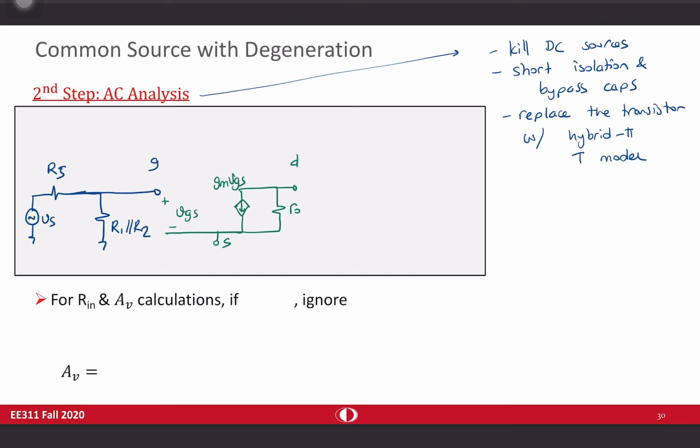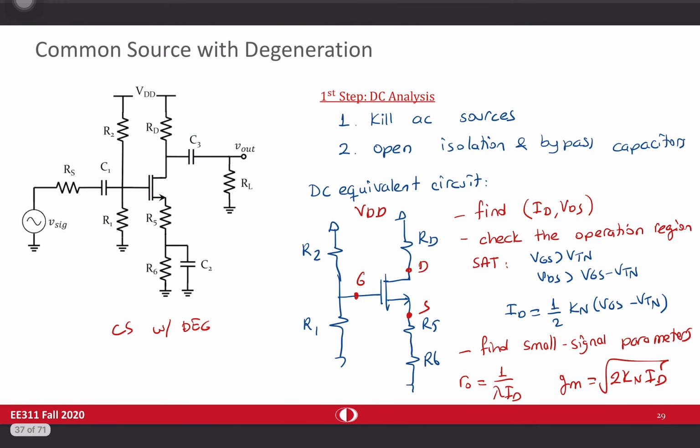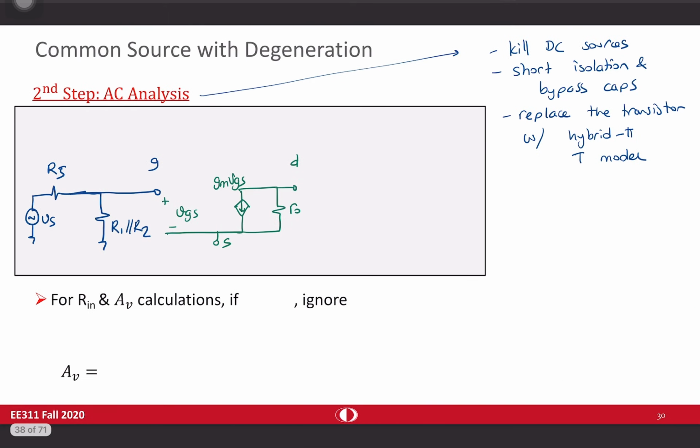Now at the source, unfortunately we have that R5 resistance because R5 is not bypassed. Let's check it. As you see, this node is AC wise grounded. So at the source we have this R5 resistance, so I have to keep it there. R5 will be in here.